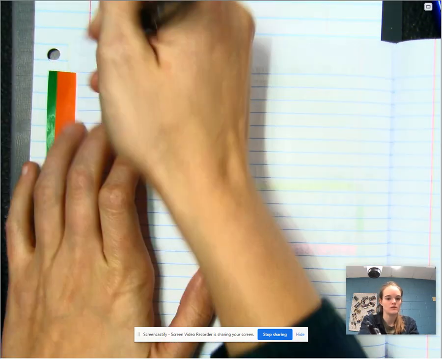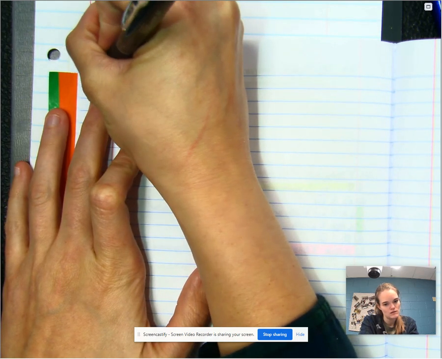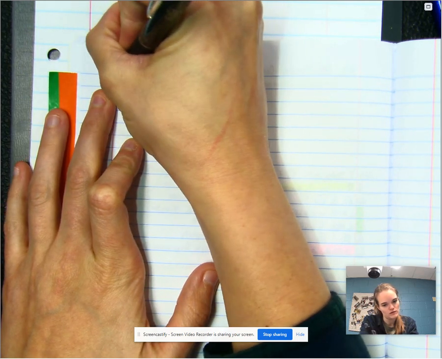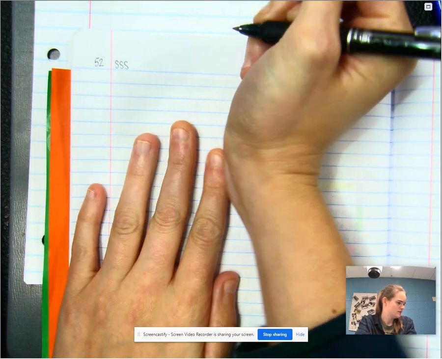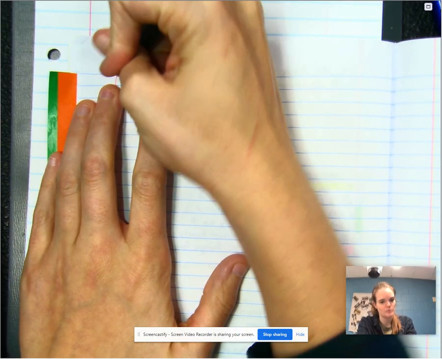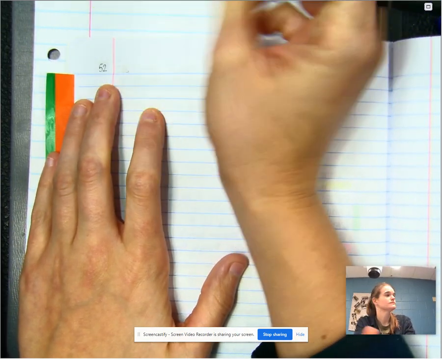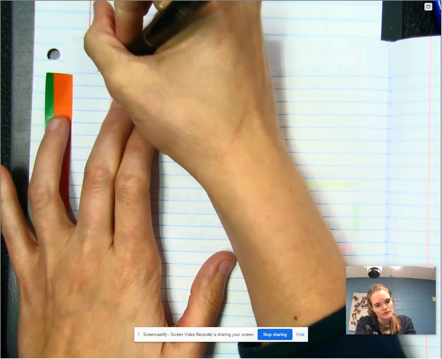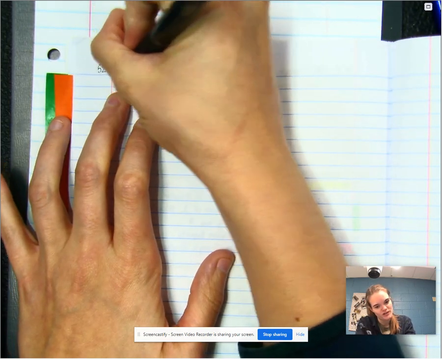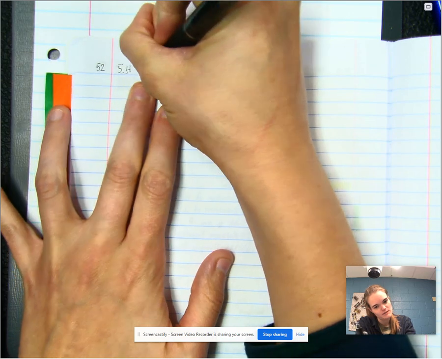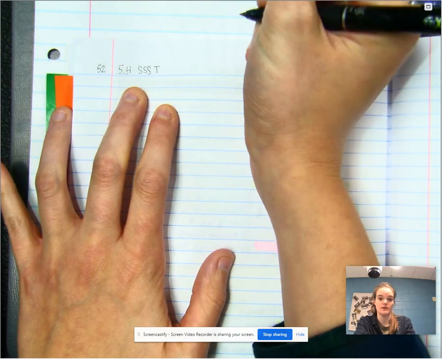And label that in 53, side. Side triangle congruence. And I forgot to put 5.4. I'll write that, put 5.4. 5.4, side. Not SS.